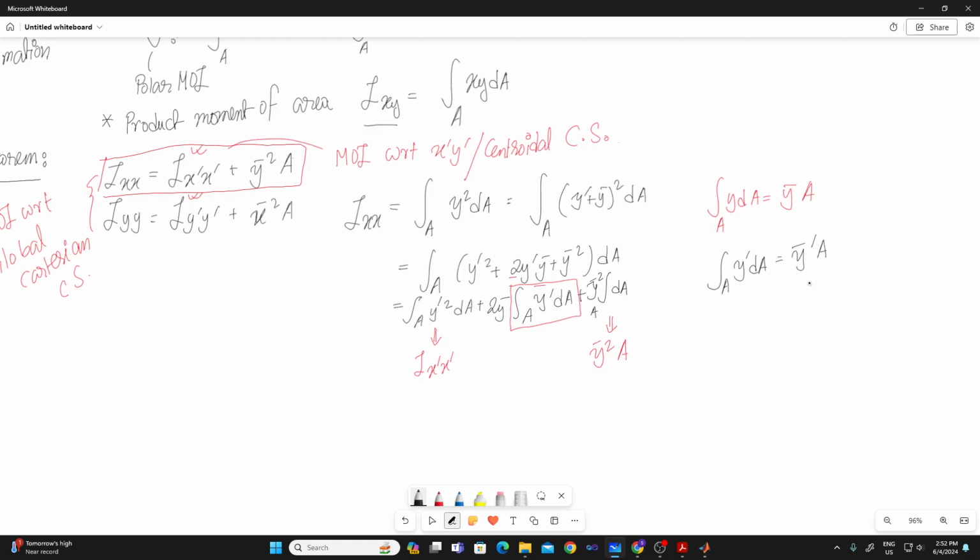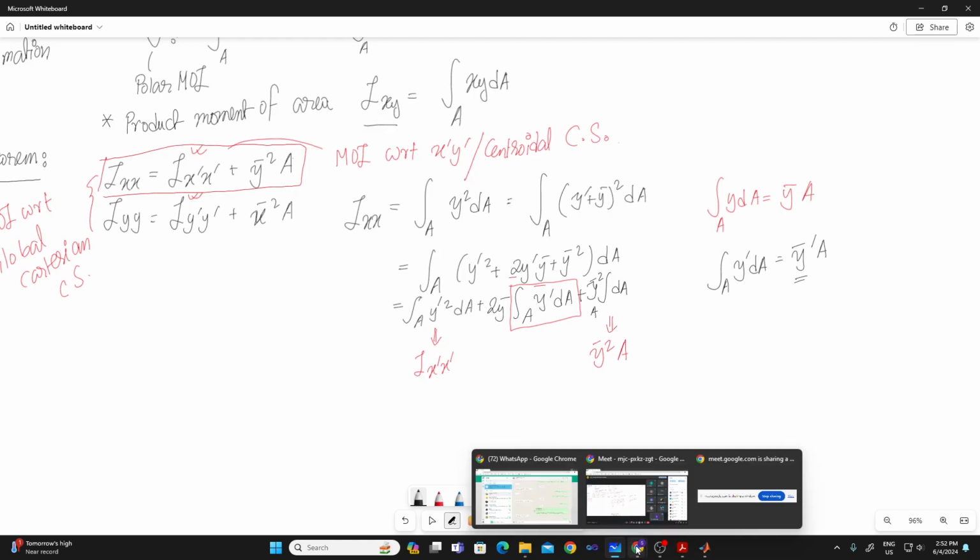Now can you tell me why this quantity should be 0? So because in this case, the origin is the centroid itself. Yes, that's the correct answer. So what does y bar represent?